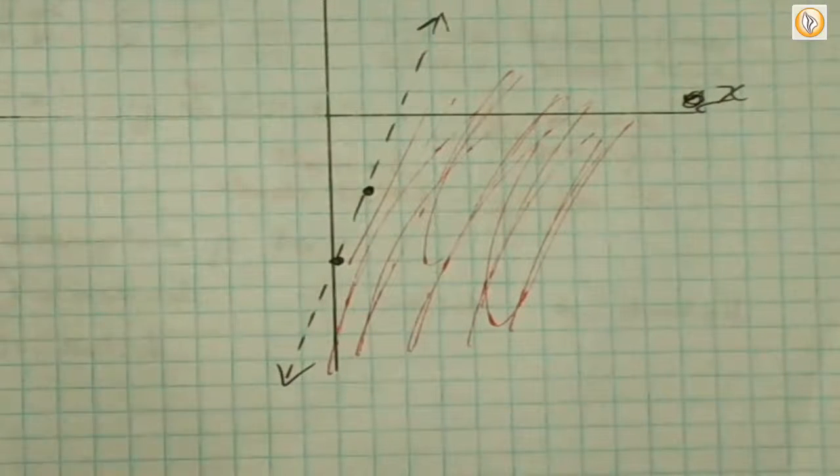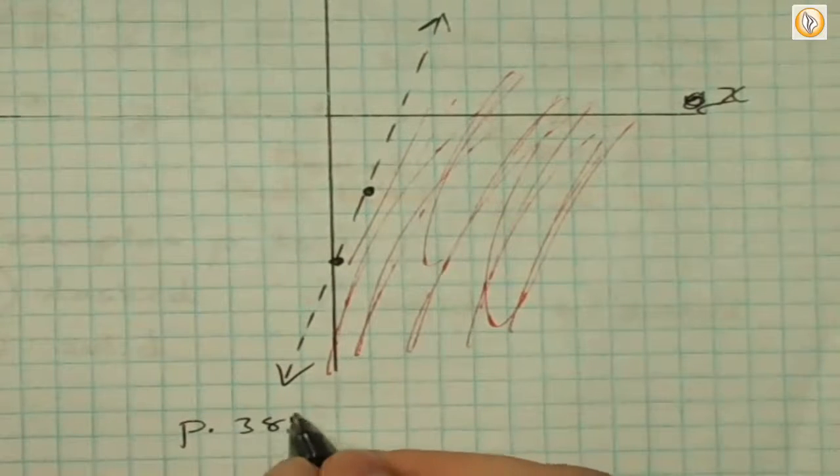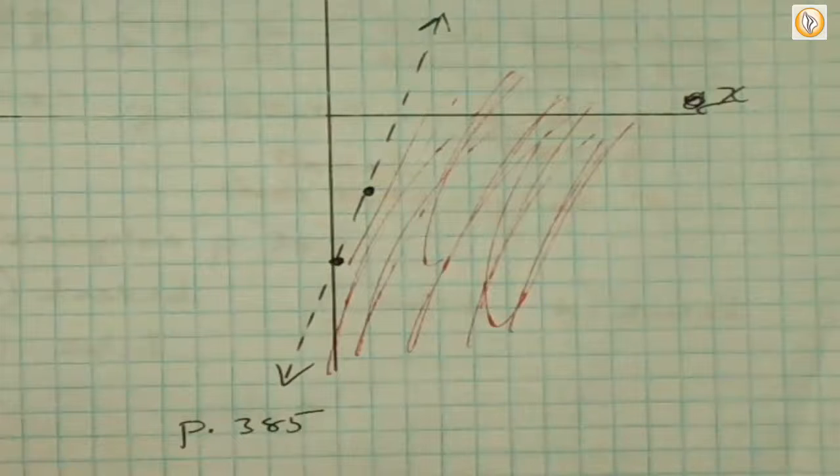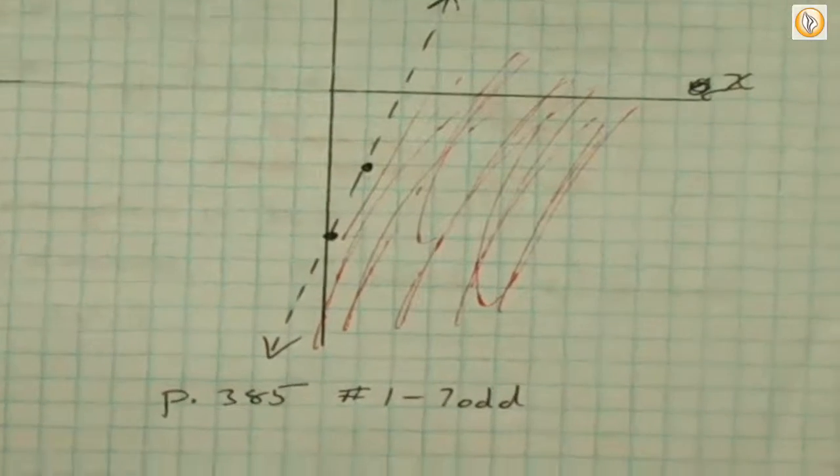You are doing page 385, numbers 1 through 7 odd, because that's real difficult to do.